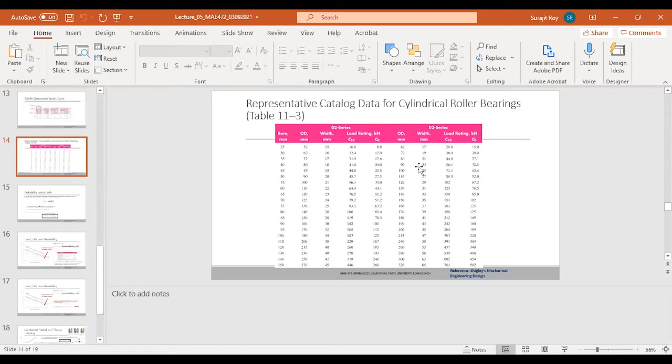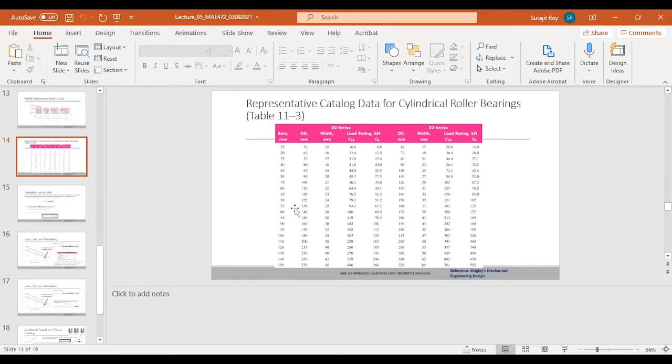So the 03 series has the same capacity at a smaller bore dia and smaller OD, which is 80 millimeters. If my design constraint is such that I cannot package a bearing of more than 80 millimeters, then I would not go with the 02 series, I will go with the 03 series.